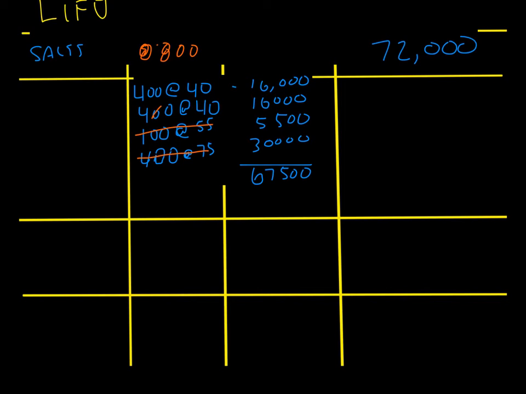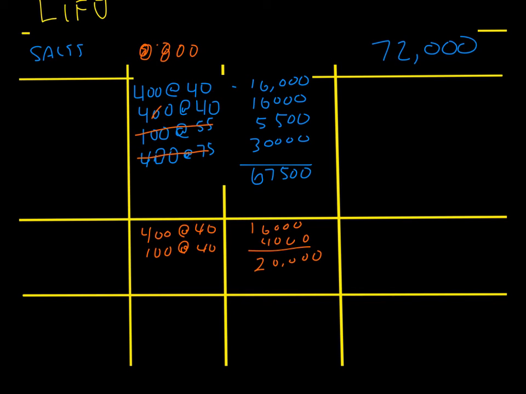So what that leaves us with: we have 400 of the old stale test strips at $40, and we have 100 of that second to last batch also at the same price. If you run the math on that, 16,000, which we've already got calculated for us, and 4,000, that gives us 20,000 ending inventory at $20,000.